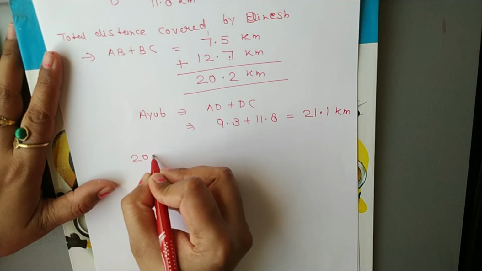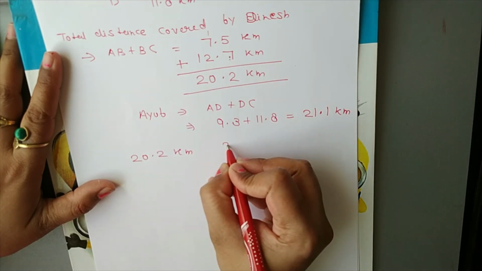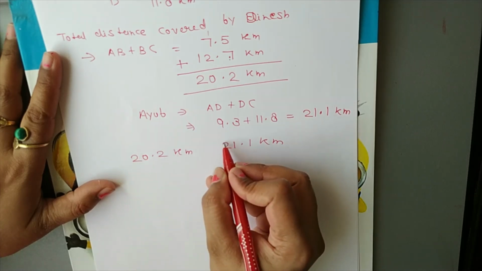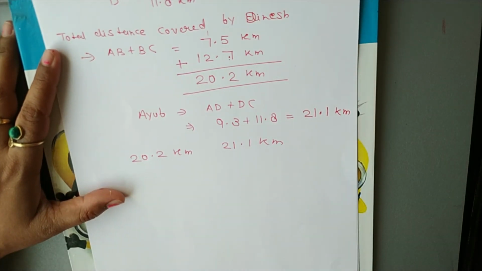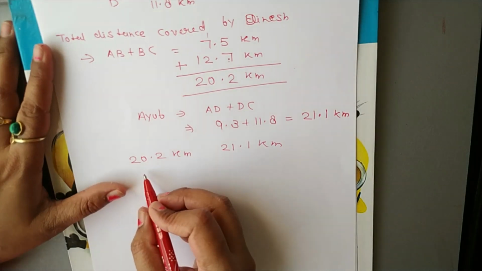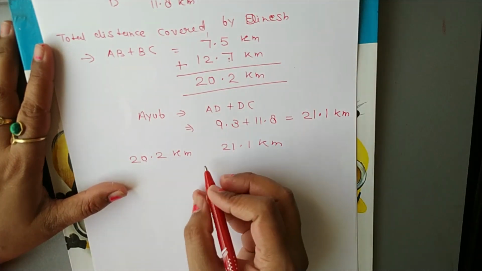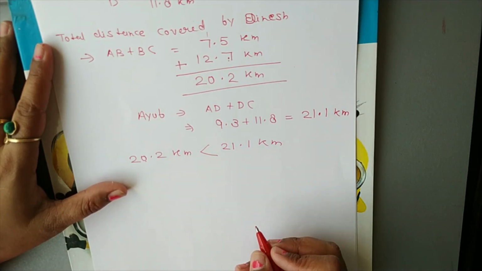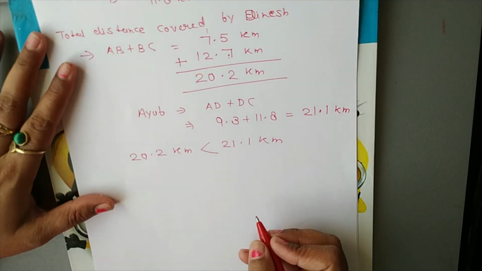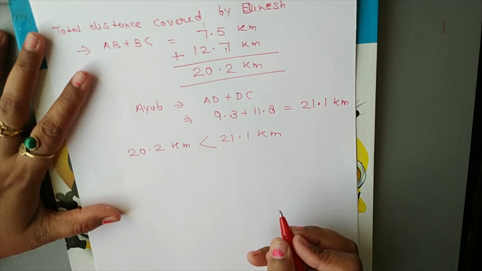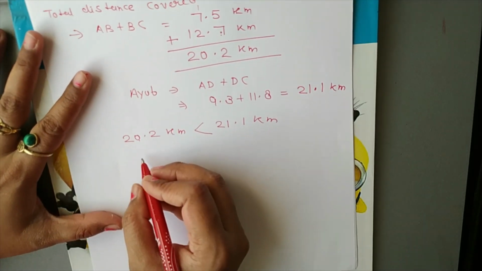20.2 kilometer and 21.1 kilometer. The tens place value is equal. Move on to the second part, the ones place value, so it will be 0 and it will be 1. So this is greater, it means Ayub covered more distance. But the question asks who traveled more and by how much, so we have to subtract also.